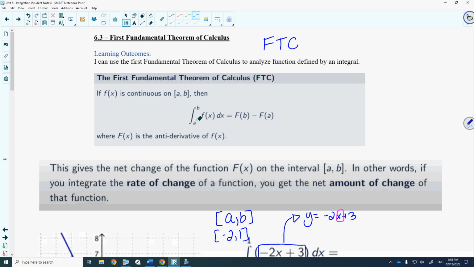Actually, if you could just flip back to this page, I'm going to tell you what a is called and what b is called. So a is the lower limit of integration. B is what we call the upper limit of integration.